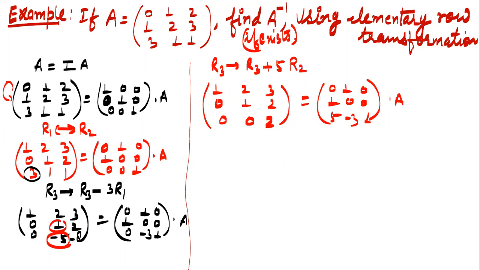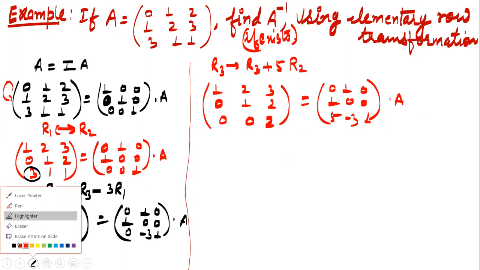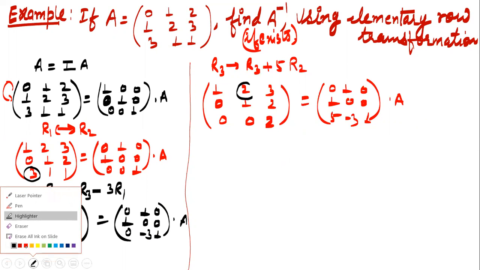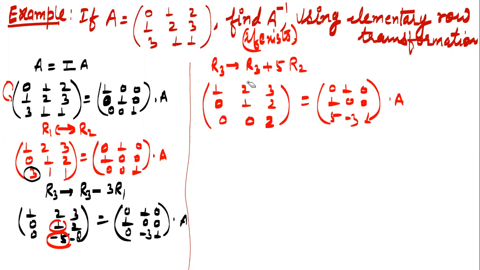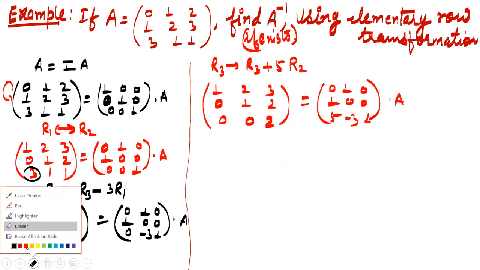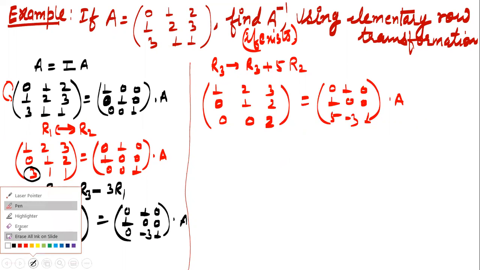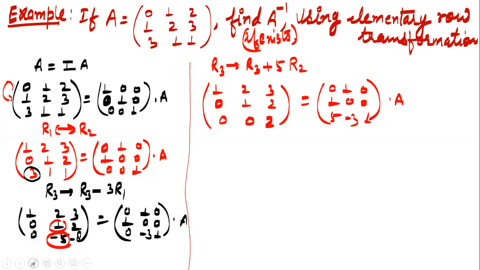Now, the next step is 1 0 0 1 0. Now I have to make it. No. The pattern is, next step 1 0. I will make it 1 because this pattern is there.